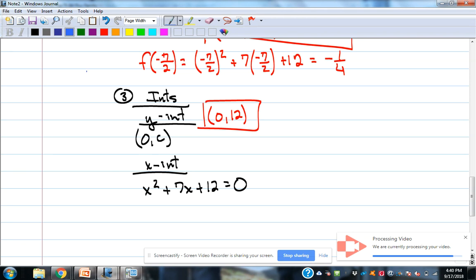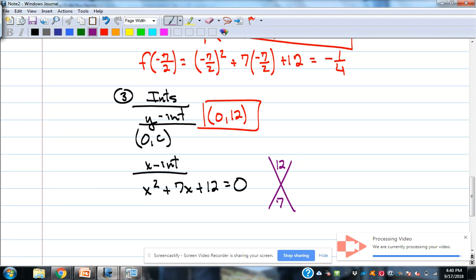Okay? Factoring, we're looking for numbers that multiply to be 12 and add to be 7. That's how we want to think about this. I do this thing I call the X method, and it helps me just organize it.